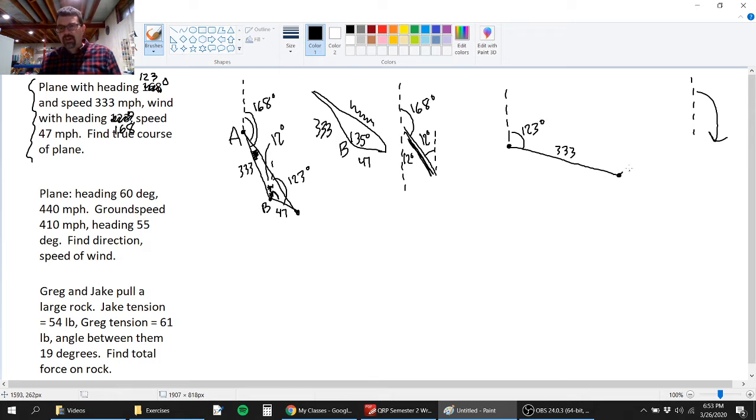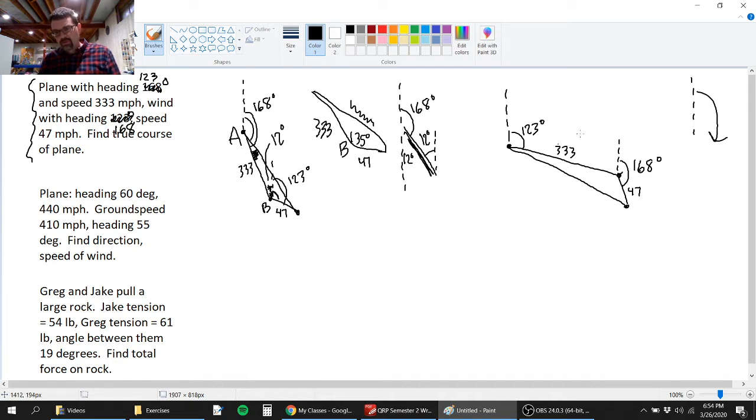Then on the end of that goes our wind vector again, and that would be the 168 degrees. So here's 168, and this would be our 47. And we would be trying to find the length and direction of that vector.